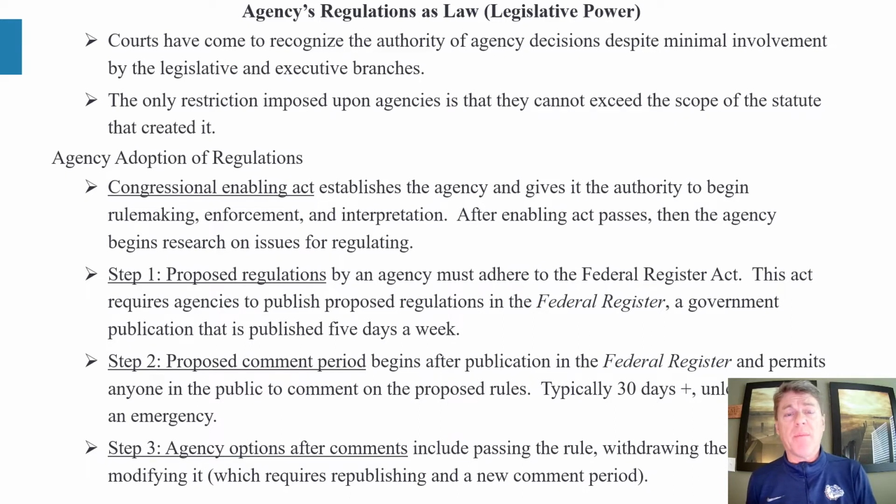That's really one of the big things that agencies focus on: the idea they've come up with as a regulation, how is the marketplace perceiving this proposed regulation? We do want to get input. So anybody under the sun can provide input.